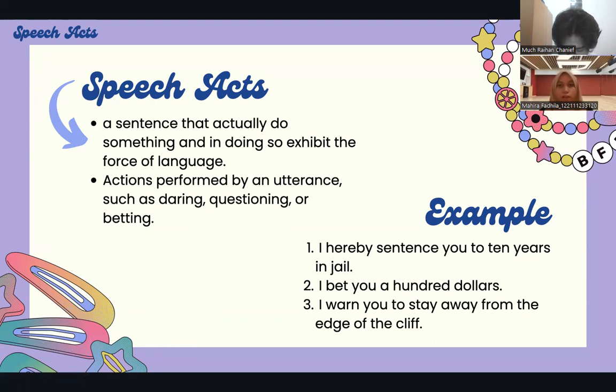Of course, for the action to take place, the sentences have to be said in the correct context and by the correct person. For example, I hereby sentence you to 10 years in jail. I bet you $100. I warn you to stay away from the edge of the cliff.